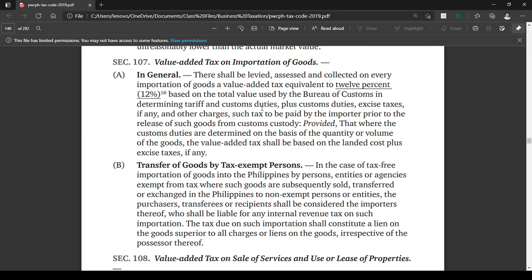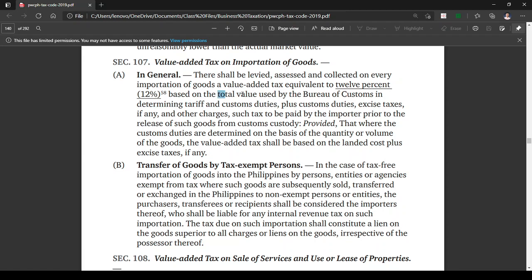According to the Bureau of Customs, ang value na ginamit ng Bureau of Customs in determining the tariff is, let's say, 100,000. Tapos yung tariffs and custom duties nila is, let's say, 15,000.